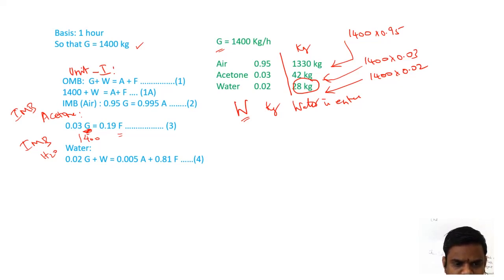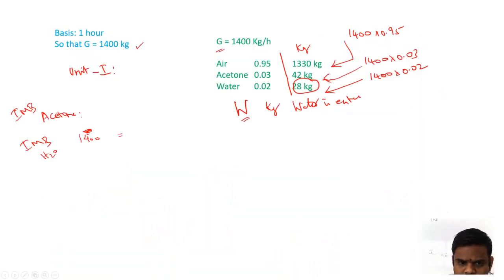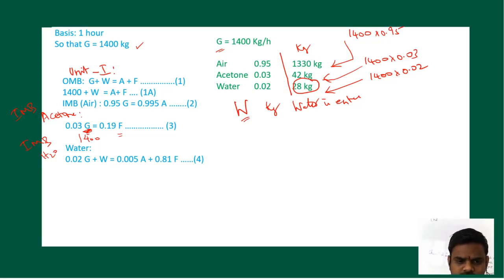This is the total amount of water entering the system, which is equal to A containing 0.5% water, that is 0.005 into A, plus F containing 81% water. That's from the block diagram we have, given data. So the individual material balance for water is 0.005 A plus 0.81 into F.